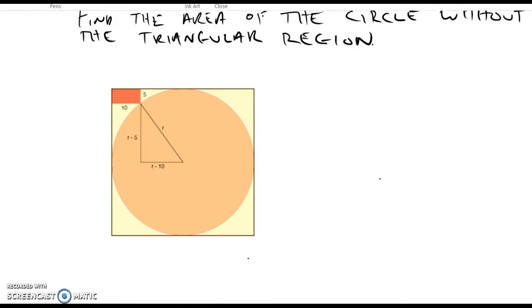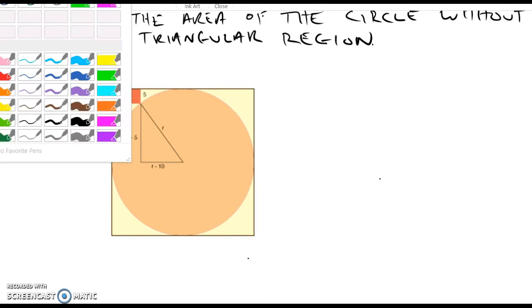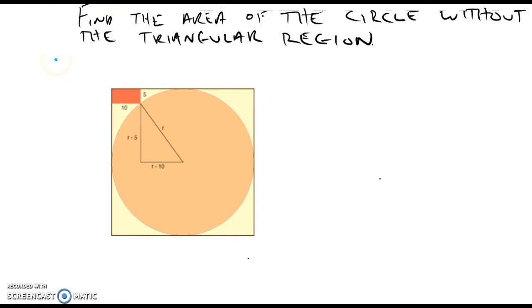And this one I got off Google Images, so it's probably not the best drawing, but trust me, it's better than if I were to have tried to draw this. So let's try to figure out what the area of the circle is without the triangle. So let's find the area of the orange.